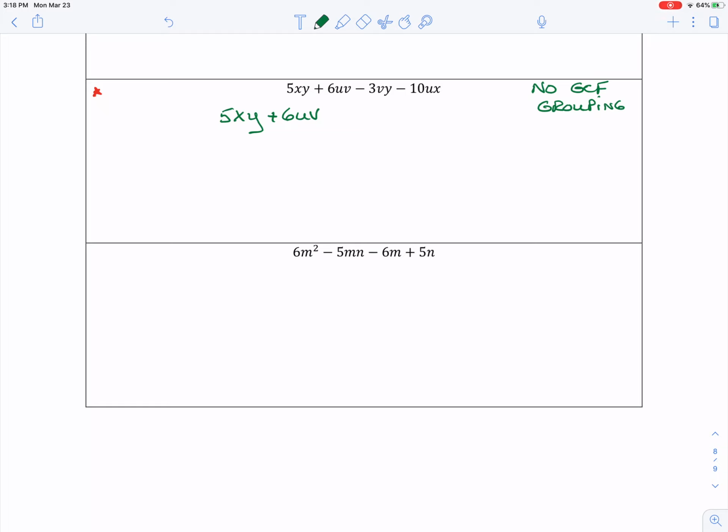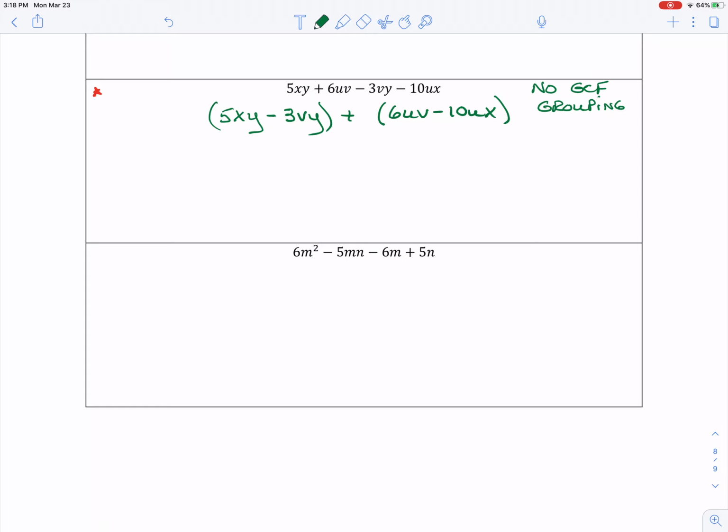So let's try another way. How about if I grouped 5xy and 3vy, and let's say I separate here and I group 6uv minus 10ux. I don't know, let's see what's going to happen there.